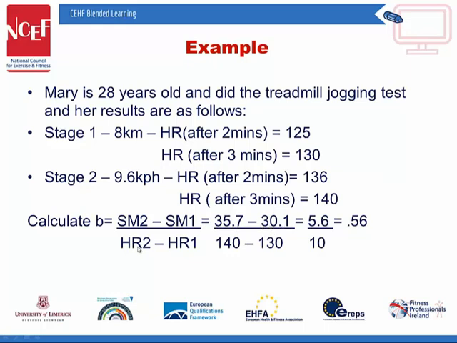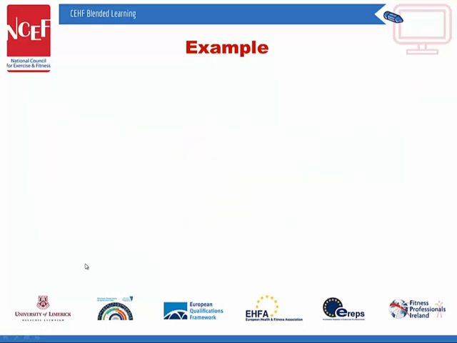Heart rate 2 was the last heart rate we got at stage 2, which was 140, minus heart rate 1, which was the last heart rate we got at stage 1, which was 130. If we calculate that out, then 5.6 over 10 equals 0.56. So now we have B, which is the relationship between the workload and the heart rate of the individual. Now we can go on and calculate VO2 max from that.